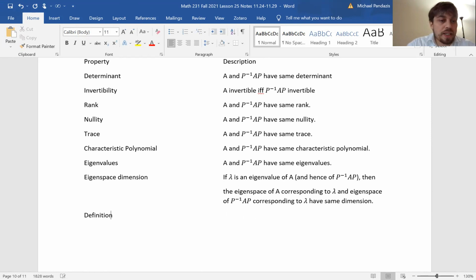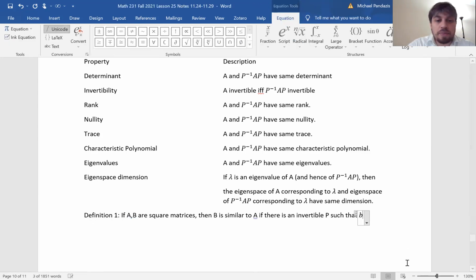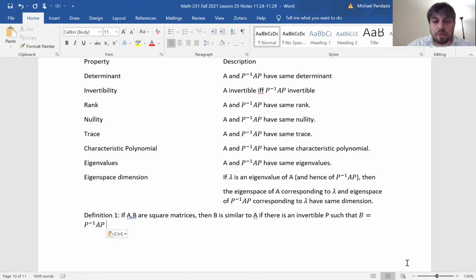Almost done with the lesson. Definition 1: if A, B are square matrices, then B is similar to A if there is an invertible P such that B is equal to P inverse AP.